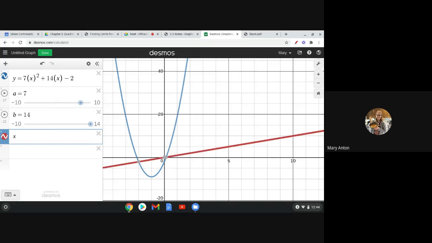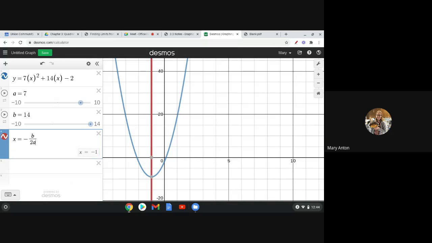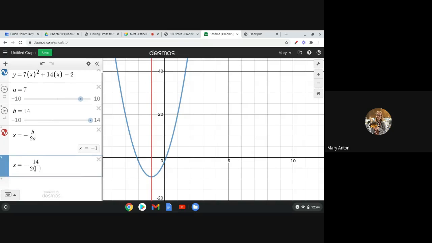If the x coordinate of the vertex is x equals -b/2a, and our a is 7 and our b is 14, that means our x coordinate is -14 all over 2 times 7, right? Which is -1. Desmos even tells us that.